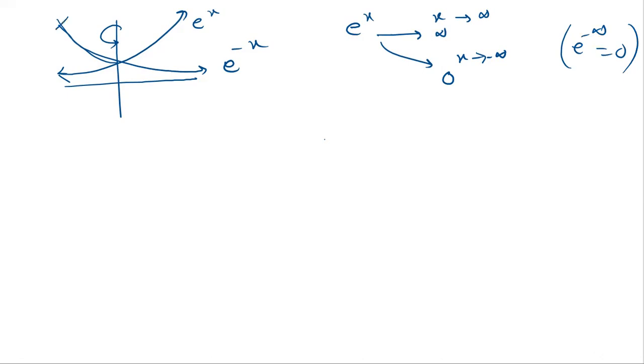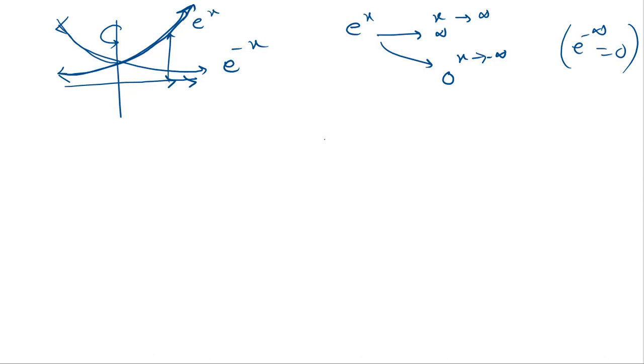That means for the graph of e power x, it is going like this way. For x tends to infinity, the graph is taking greater values.